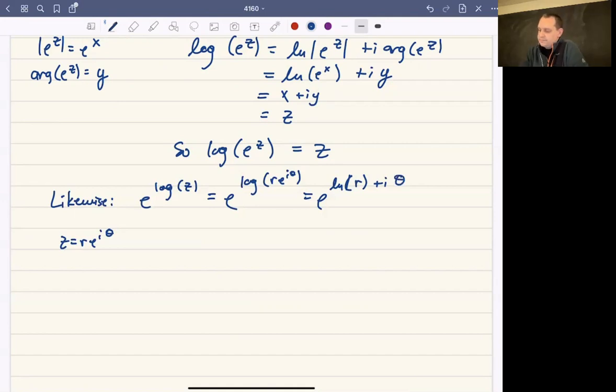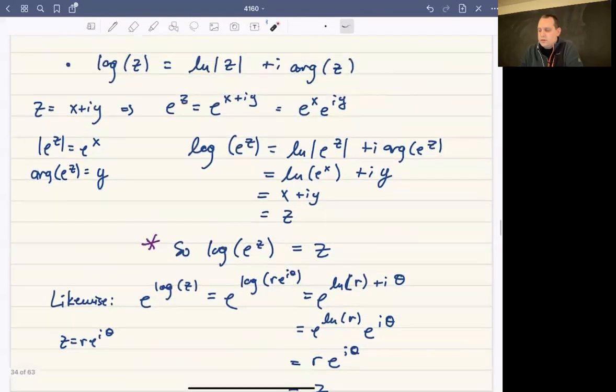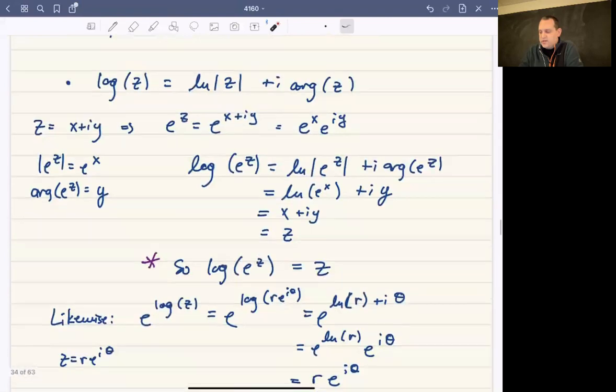Okay, and so that's going to be e to the natural log of r times e to the i theta, and that's r e to the i theta, or z. So it turns out that e to the log of z is z, and log of e to the z is z. Okay, so these are both important. And they tell us that the complex logarithm and the complex exponential are inverses if we make a determination of a branch cut for the inputs for the exponential.